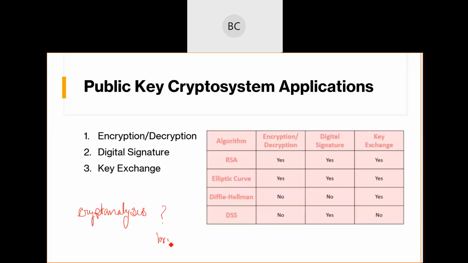What happens in brute force? A very common one. Trying many passwords. Okay, so you don't know the correct one. It's like a hit and trial method. You will just keep trying all the possible passwords.